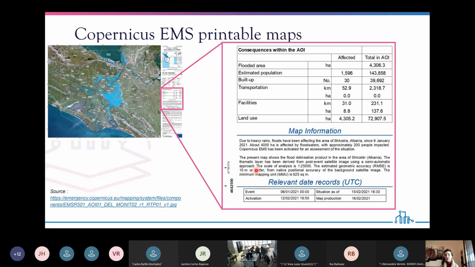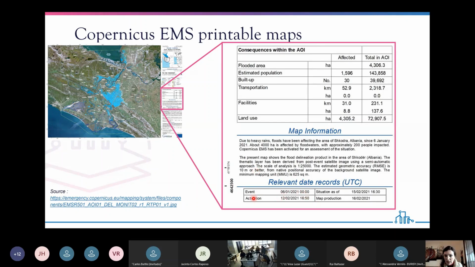This is very important with respect to maps, to know the positional accuracy. So if you read the coordinates on the map, how close they can be in the field. 10 meters is not so bad, but imagine that 10 meters could mean that a building is not in the right place if it's a small building. Of course, if you have a large building, 10 meters is not so much, okay?